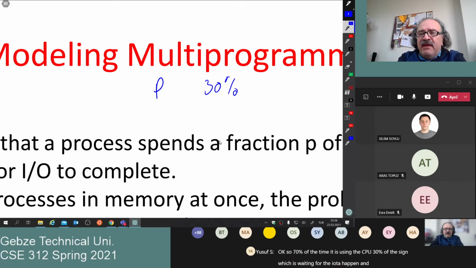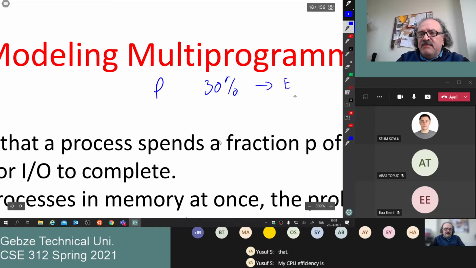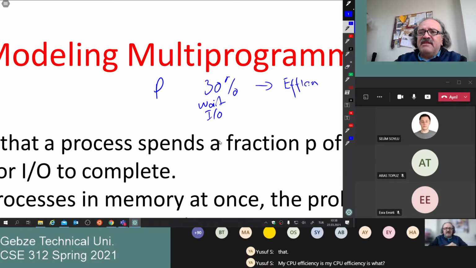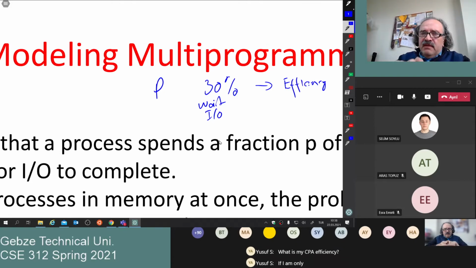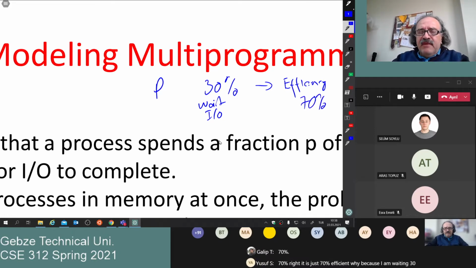And if I don't have any other processes to run, what is my CPU efficiency? It is just 70% efficient. Why? Because I am waiting 30% of the time for some IO.